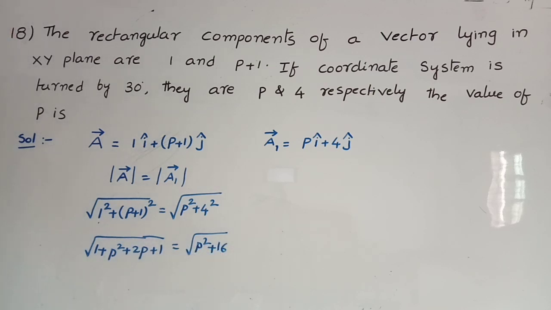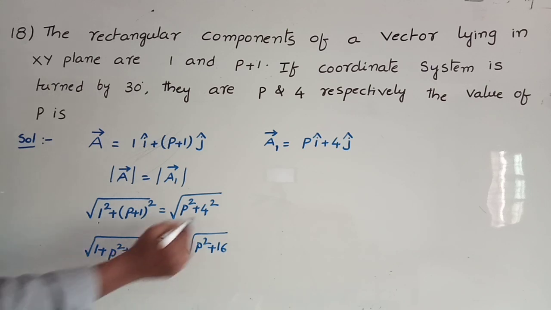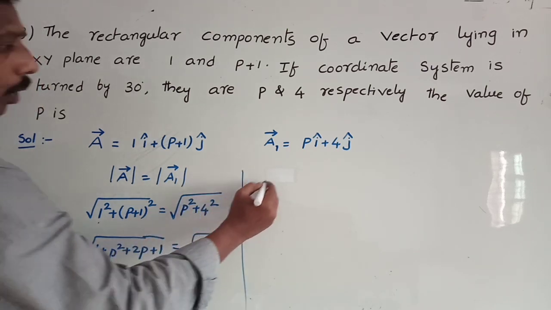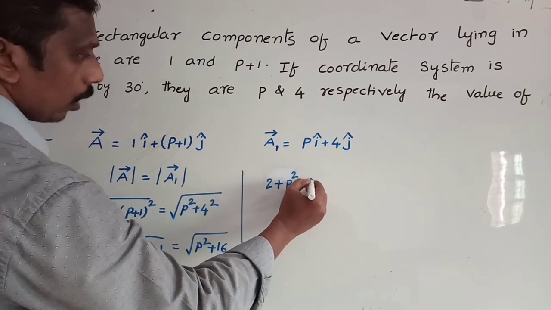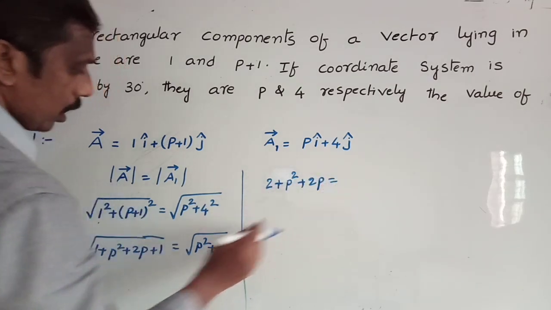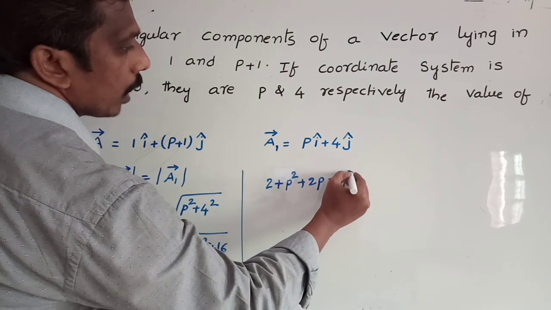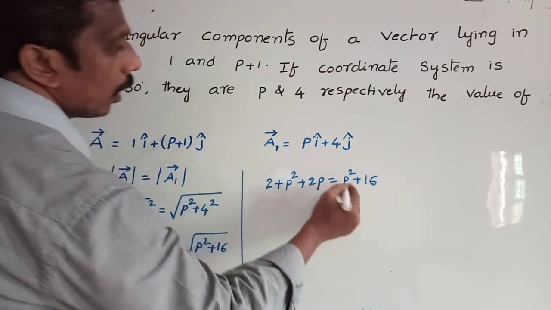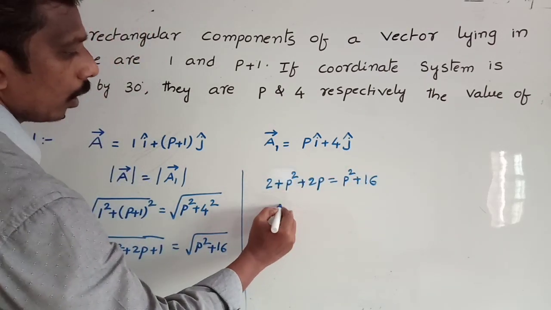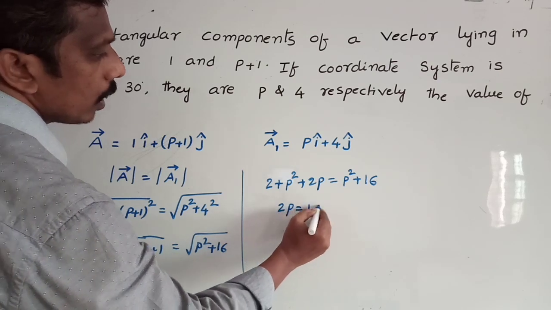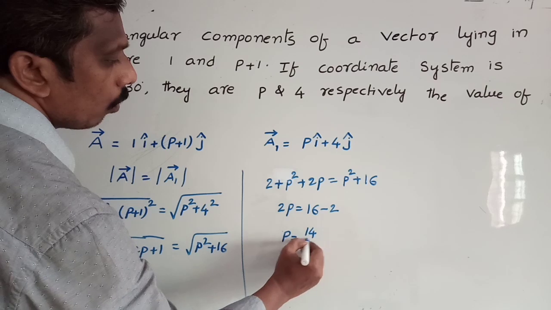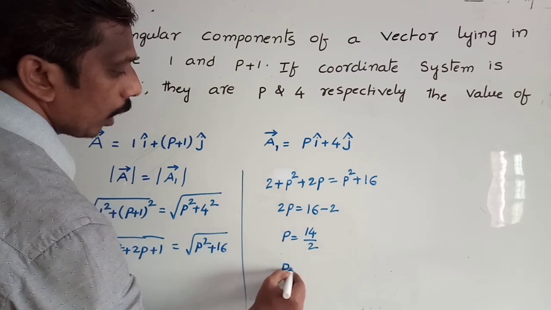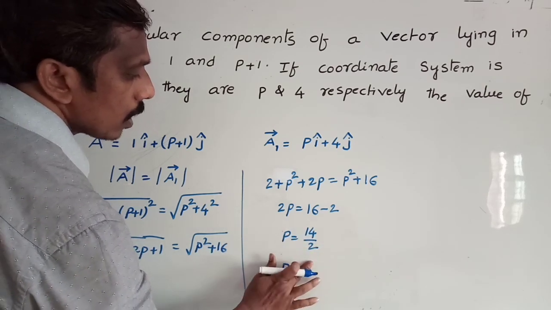Squaring on both sides, the square root gets cancelled, then we get 1 plus 1, 2 plus p square plus 2p is equal to p square plus 16. p square gets cancelled, 2p is equal to 16 minus 2, p is equal to 14 by 2, finally we get p is equal to 7.